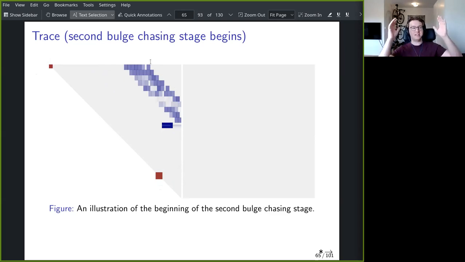So what we have done is that we earlier separated the bulge-chasing step from the ADs and then the next bulge-chasing step. We have pushed all these things together so that we can run bulge-chasing and AD simultaneously. And we have gone beyond that, so that we are now doing two bulge-chasing steps that were previously separated by at least two global synchronization points, and we are allowing them to happen at the same time.